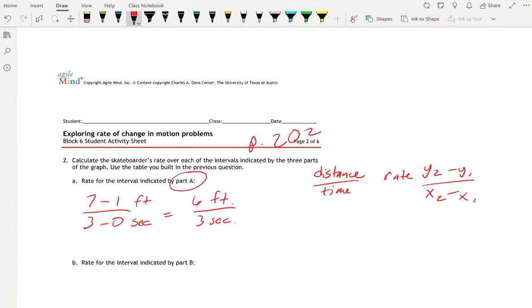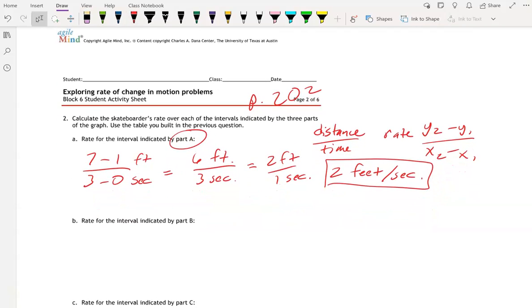So 6 feet in 3 seconds. Well, we need to simplify that. That's going to be 2 feet in 1 second, or just 2 feet per second. And that's the rate, 2 feet per second. It's very important that when you're doing rates, you label your units. In this case, 2 feet per second.